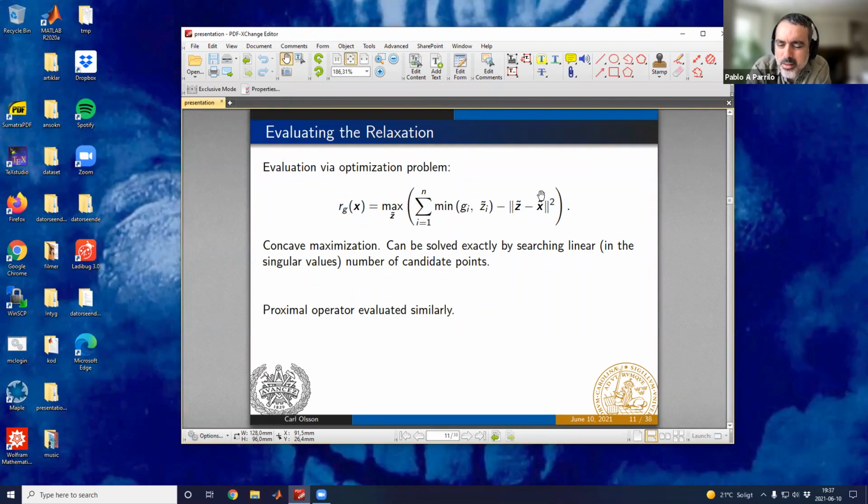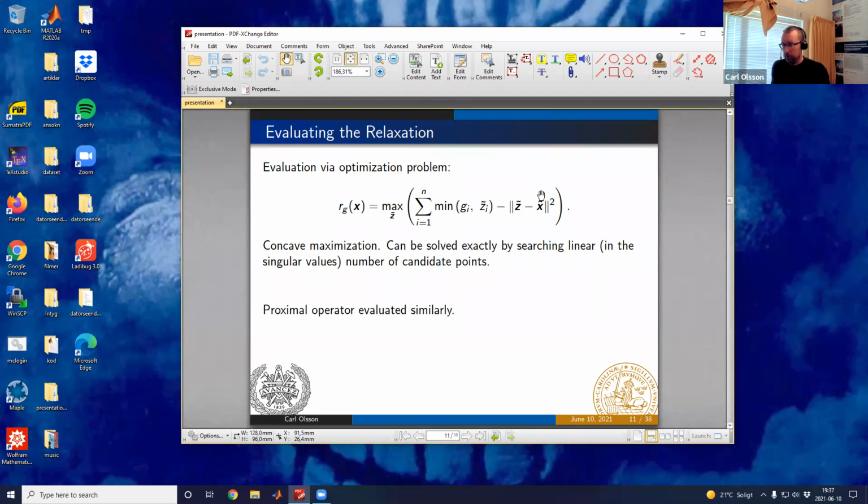Is that the...? Well, normally yes, but I would have to have something else to be able to say that this is the global optimum. But normally, if you're minimizing some kind of rank regularization, you probably want a low rank solution, right?